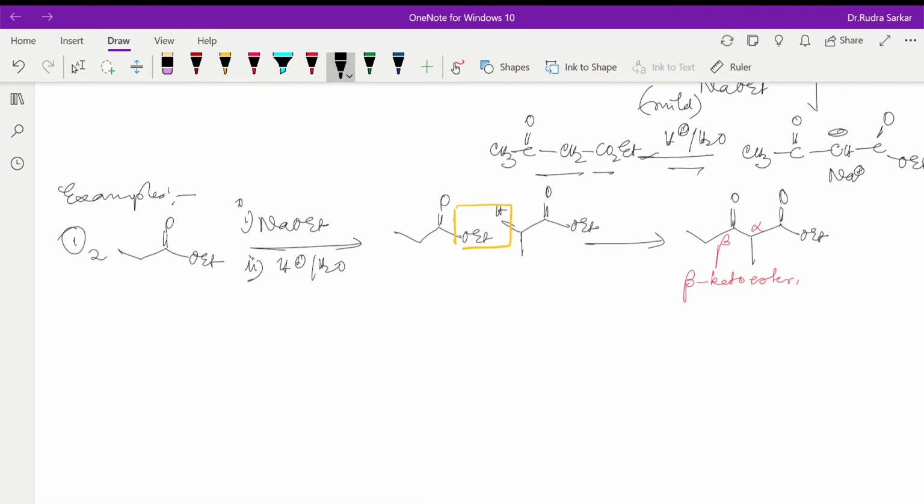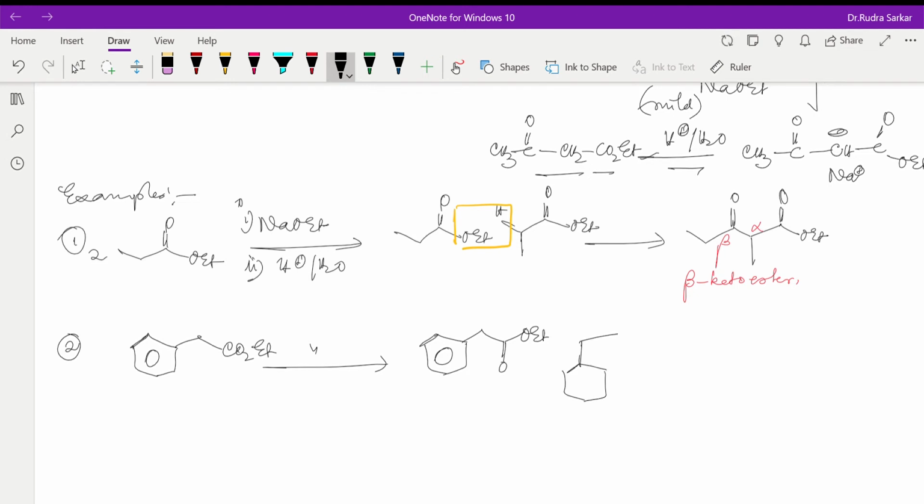Let's do another example. Say suppose you are given a similar reagent. So all you need to do, and then you have your phenyl, your hydrogen, and obviously your CO2ET.